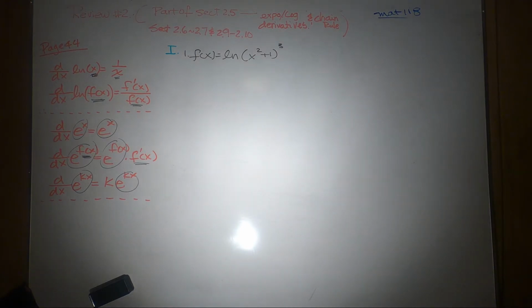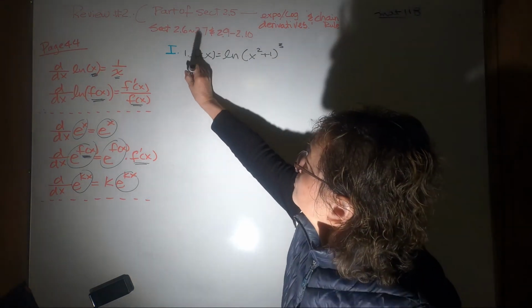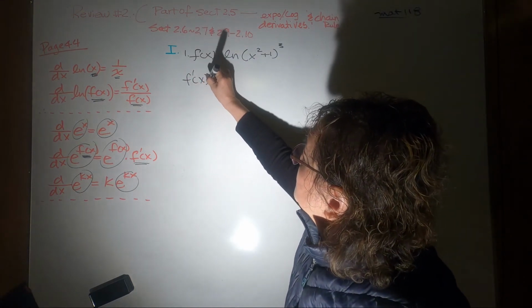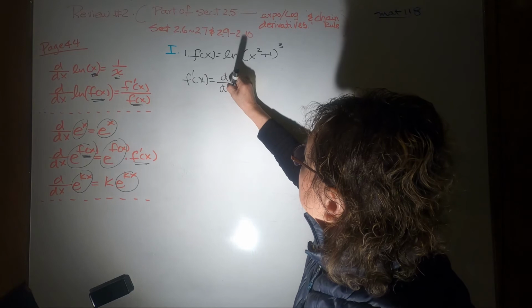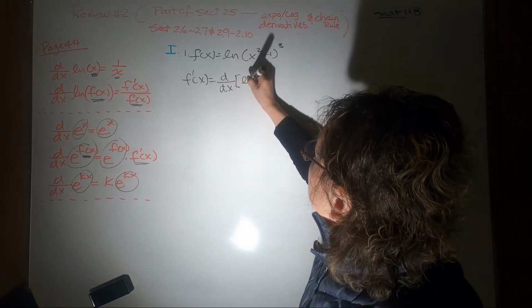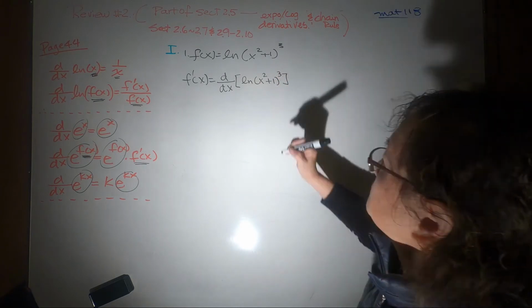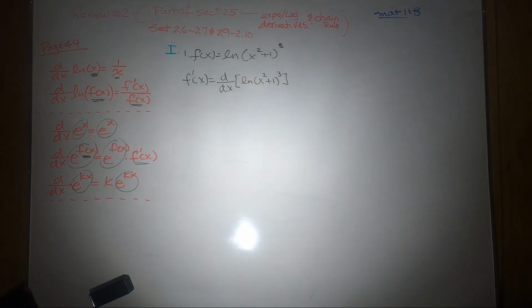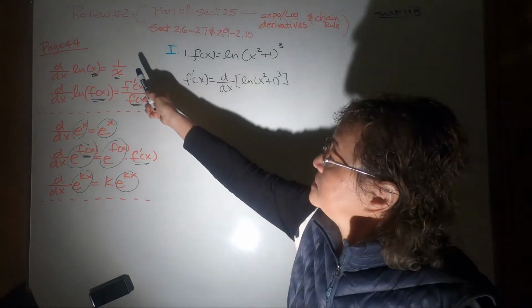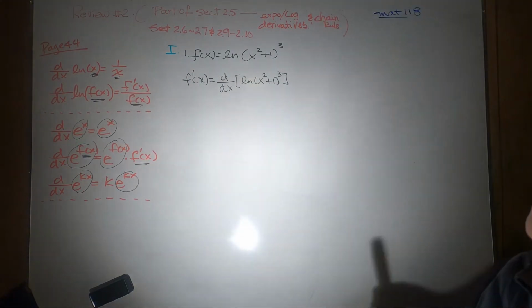So for the first one, we are going to do the derivative f prime. Your f prime of x means taking the derivative of whatever this one is, right? Which would be this one and this one.